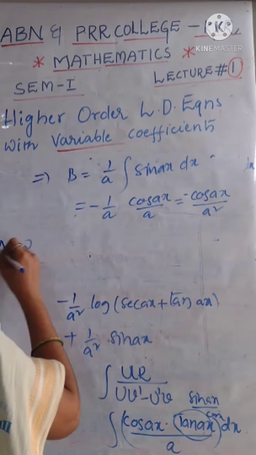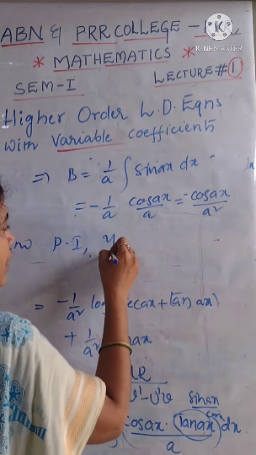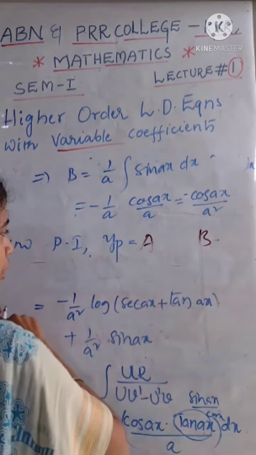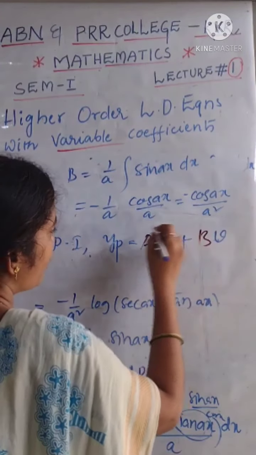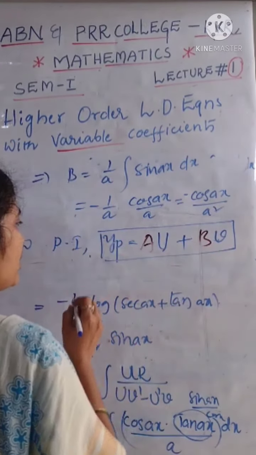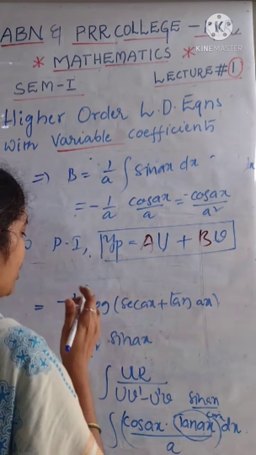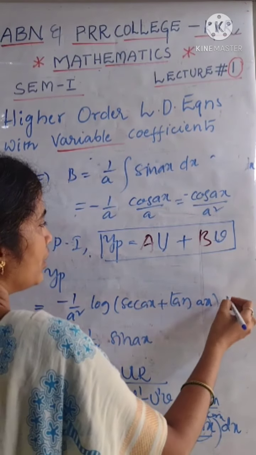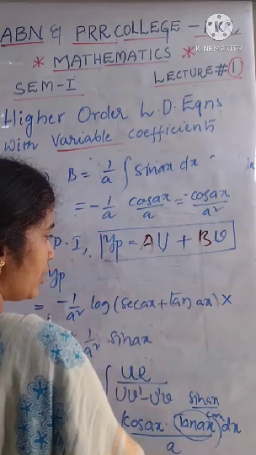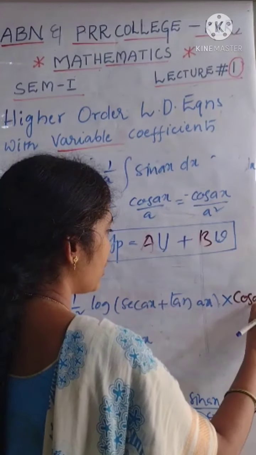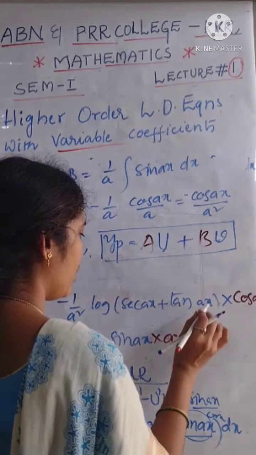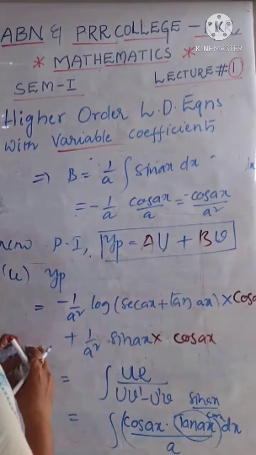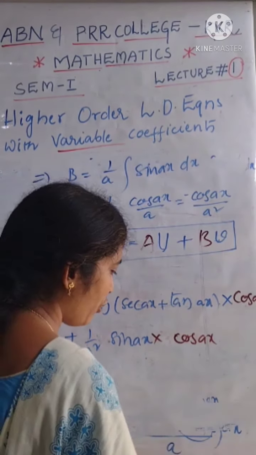Now, what is the particular integral? By using this method, yp is nothing but a into u plus b into v. Already we have a here, so the particular integral yp is equal to: u value is cos ax, multiplied with a, and plus b into v. What is b?